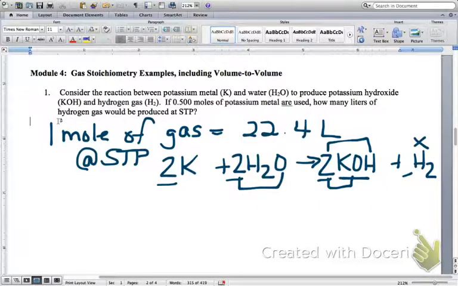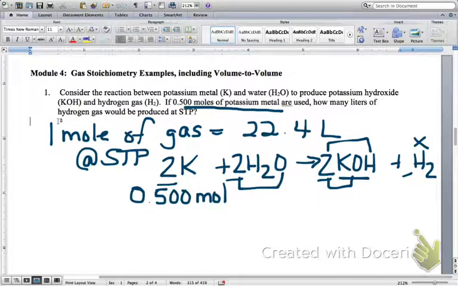After we get a balanced chemical equation, directly underneath that, we're going to write what information we're given and what information we're solving for. So in our problem, it says that we've got 0.500 moles of potassium. So over here under potassium, we're going to write 0.500 moles.